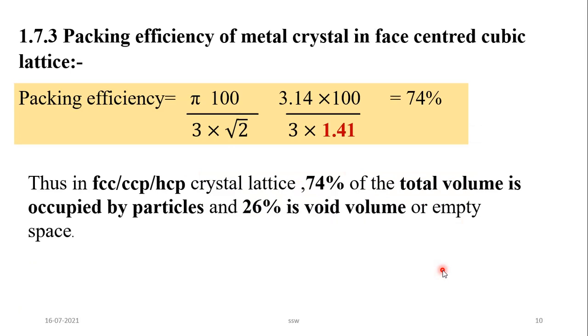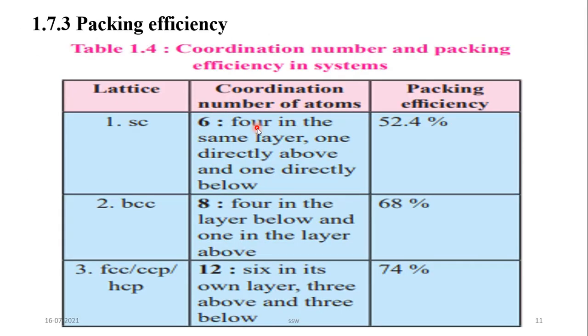That means in an FCC, CCP or HCP crystal lattice, 74% of the total volume is occupied by the particles, and therefore 26% remains unoccupied, which is called the void volume. 100 minus 74, that is 26%, is the void volume or empty space in the FCC crystal structure.